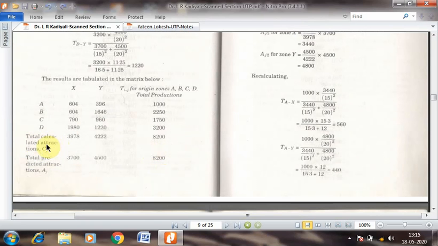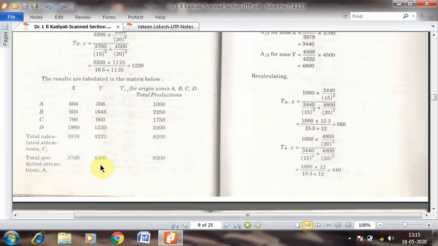You can see that the total calculated attractions are the summation of 604 plus 604 plus 790 plus 1980, which is 3978. But the total predicted attractions is how much? 3700. Similarly, the summation of all these is 4222.